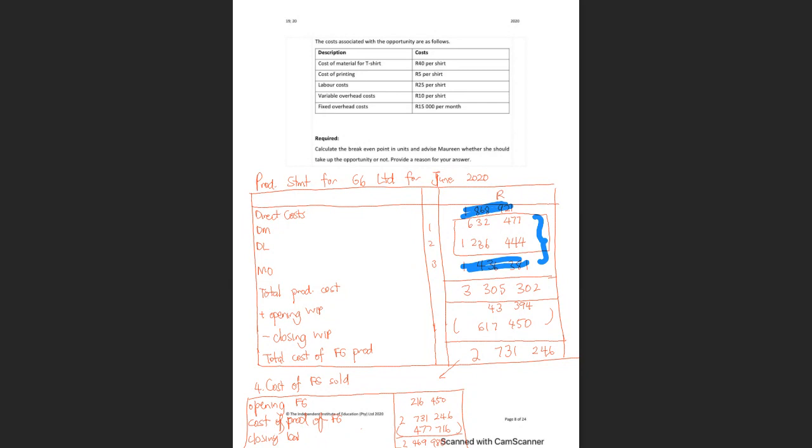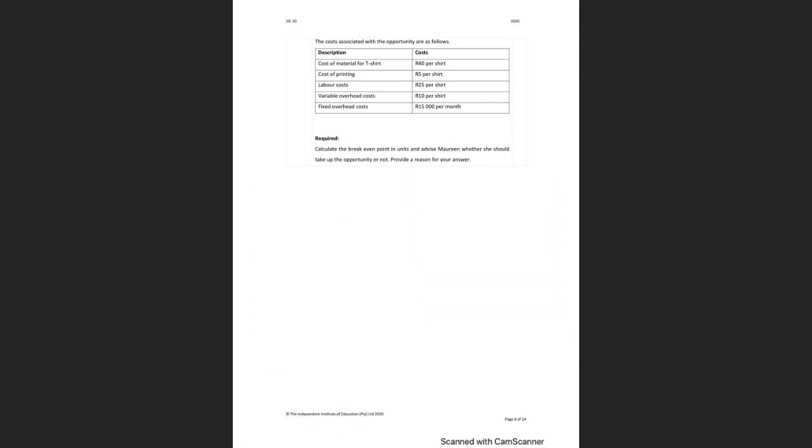Okay, so that last item now, this 2,469,980 goes into your trading statement as a second item. So let's draw up your trading statement. So your trading statement now, the last bit is going to be just the calculation of your gross profit.